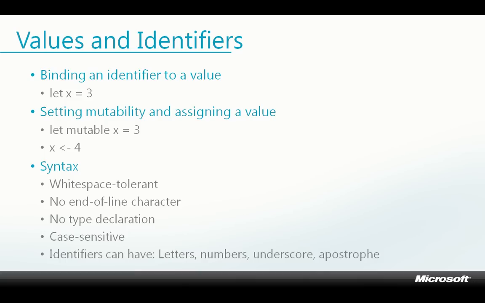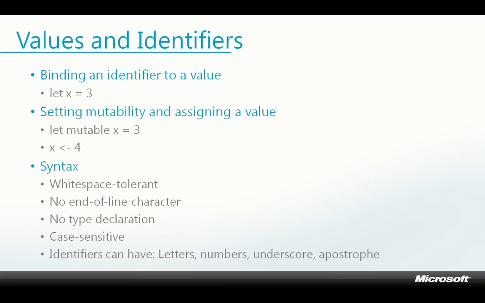Now, when you assign another value to x, then you use the assignment operator, which is this left arrow here that you draw with a less than character and a hyphen. You can't set a value with a single equal sign. That's used for comparing two objects for equality. But remember, if you're going to be using mutable variables, you're avoiding one of the principles of functional programming.